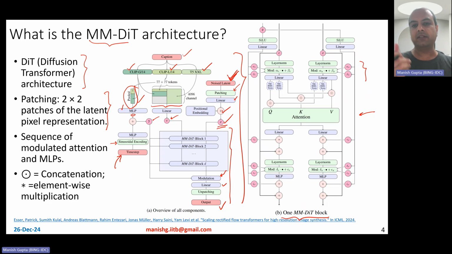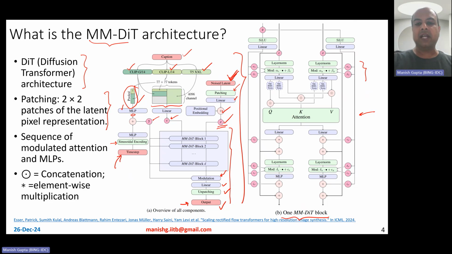Finally, you unpatch the output, meaning you take those tiles and stick them together. This output is a latent output, which you pass to a variational decoder to generate a high resolution image.